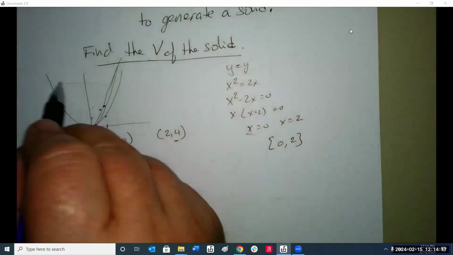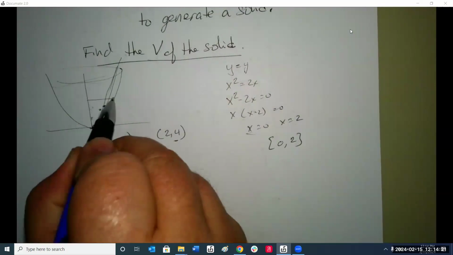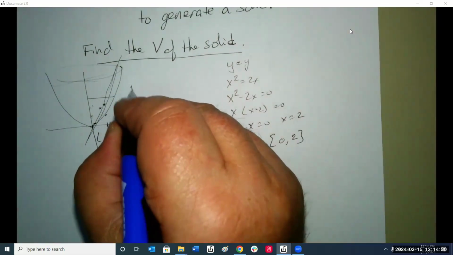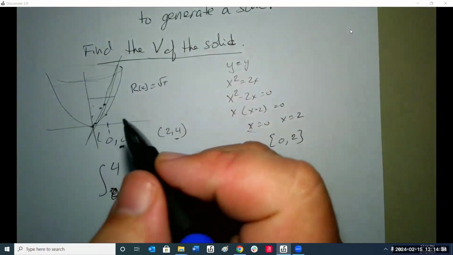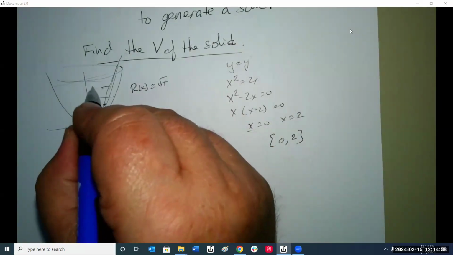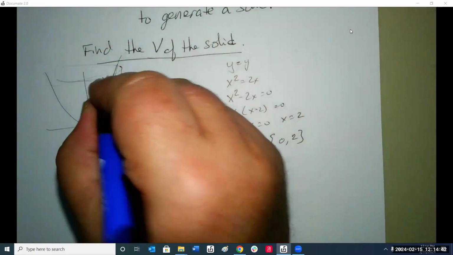And so that's going to be our radius I need. So the outer one is square root of x, and the inner one is 2x.